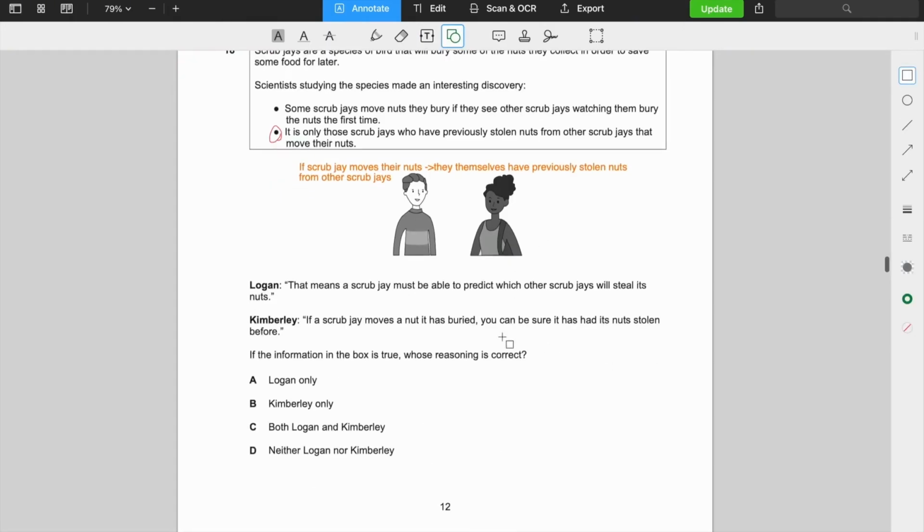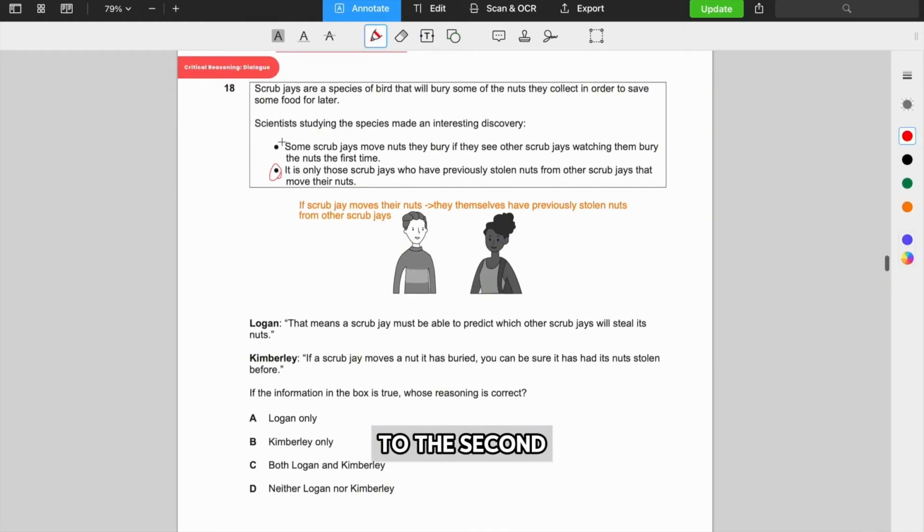And then if we go on to the first statement, some scrub jays move nuts they bury if they see other scrub jays watching them bury the nuts for the first time. So if they see other scrub jays watching them bury nuts for the first time, they may.